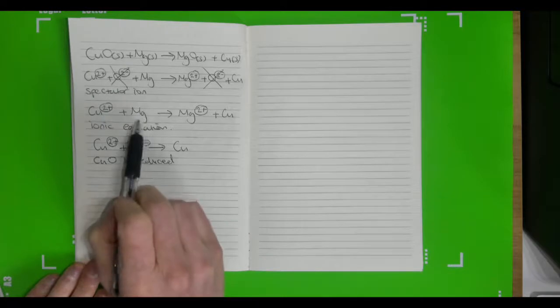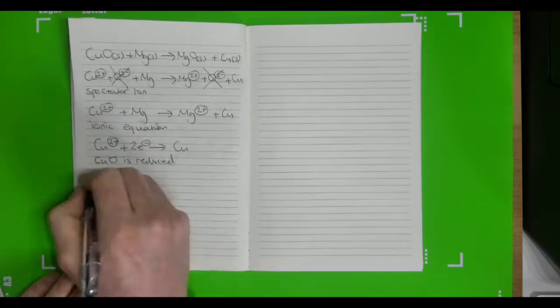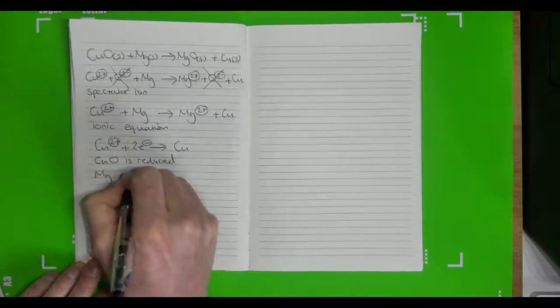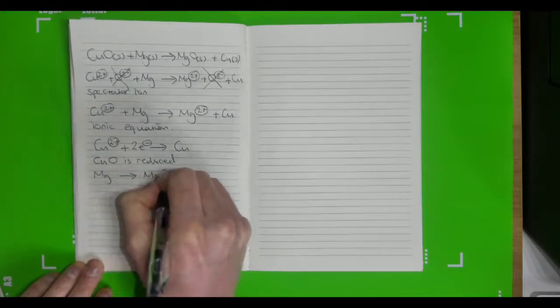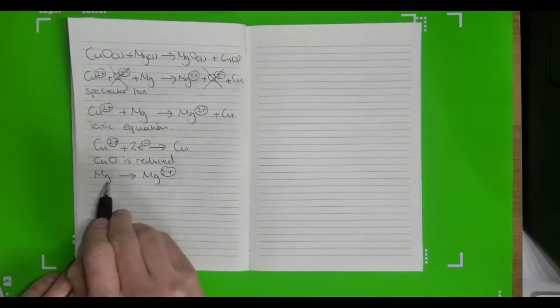Let's look at the other half equation here. We'll start off with Mg, we end up with Mg2+. To do that, I need to remove electrons from the Mg.